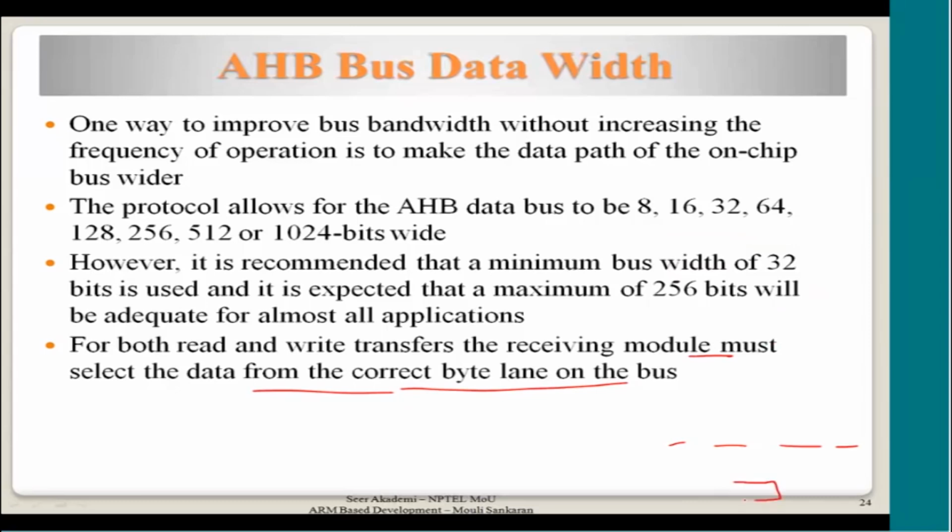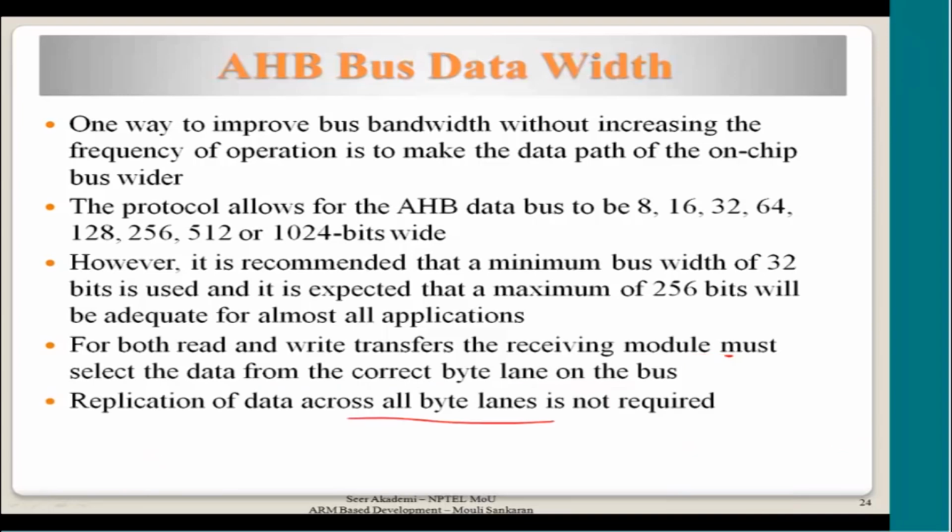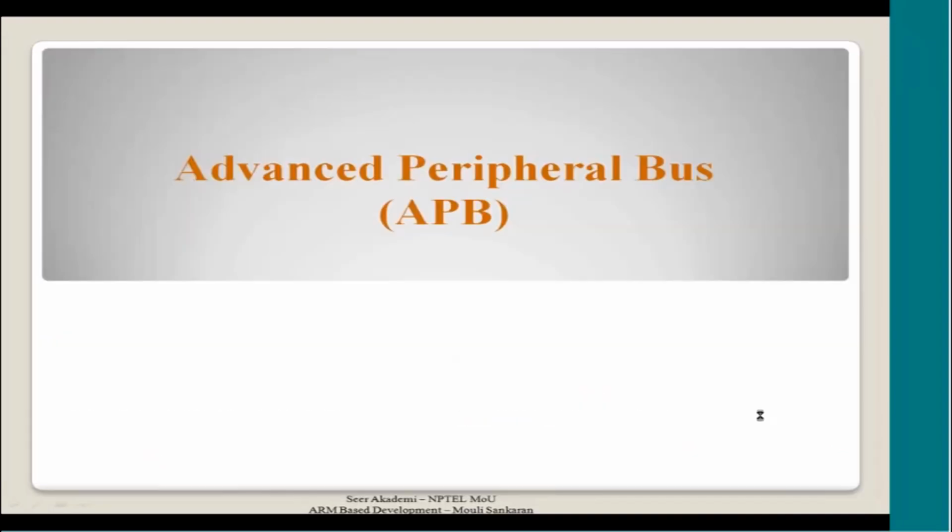Any peripheral or slave connected to the AHB bus should be capable of getting the byte specifically based on the address, which byte lane has to be used for reading the data. This slave device should be aware of that and do it accordingly, either reading or writing. Replication of data across all byte lanes is not required.